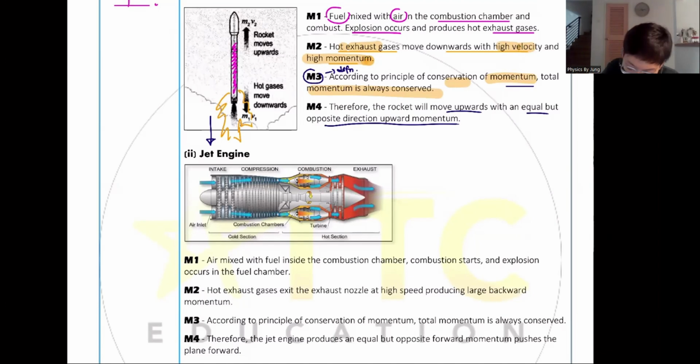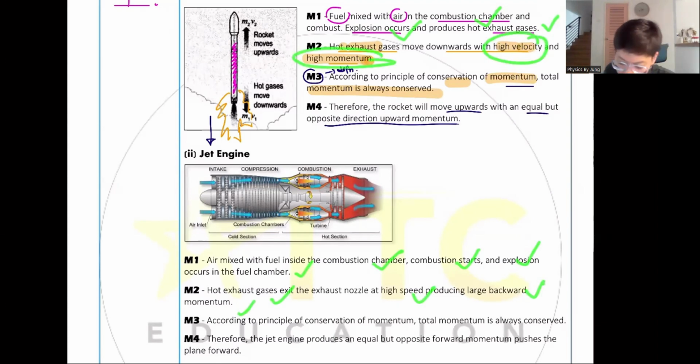Let's check first. The first part I talk about the explosion occurs, I produce hot gases in the combustion chamber. It means I burn something. When the air is mixed with fuel inside the combustion chamber, the burning starts, explosion occurs, and therefore you produce gases. So the first part is the same. Number two, the hot exhaust gases give a large backward high velocity, high momentum.